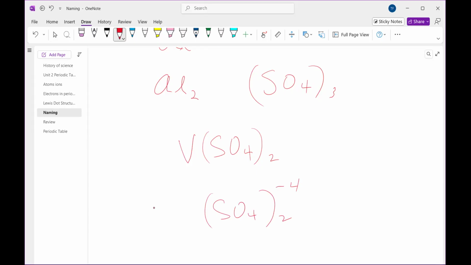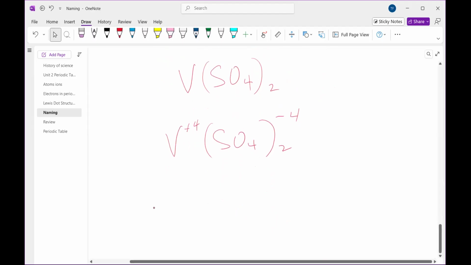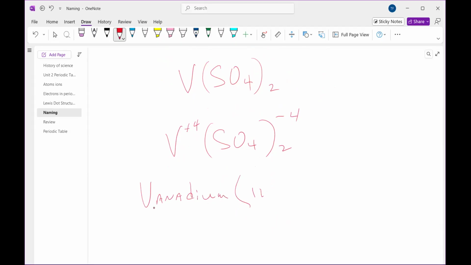So one vanadium has to have a charge of what to balance the -4? +4, exactly. So when we write the name, it's going to be vanadium 4 sulfate, so that the charge is net 0.